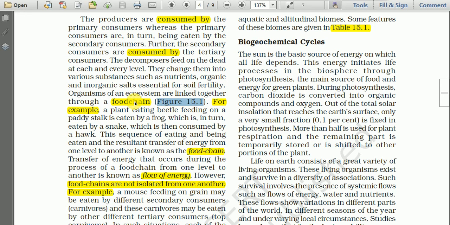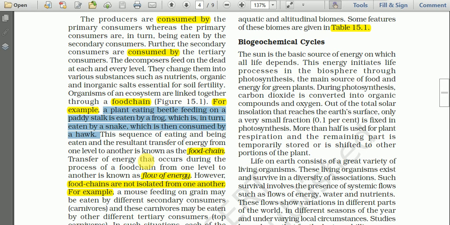So about food chain, first let us read an example, and after that let us see. For example, a plant-eating beetle feeding on a paddy stalk is eaten by a frog, which in turn is eaten by a snake, which is then consumed by a hawk.